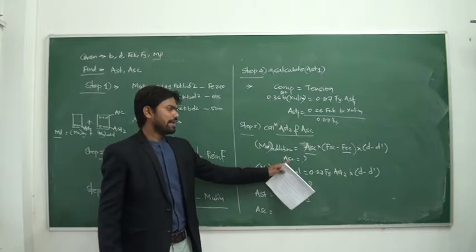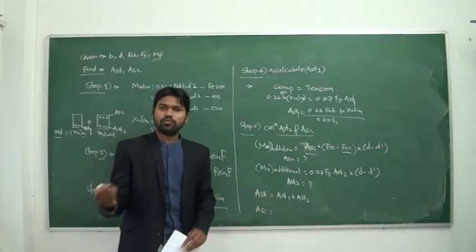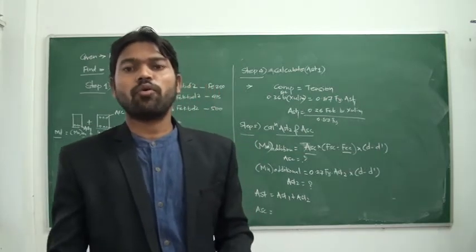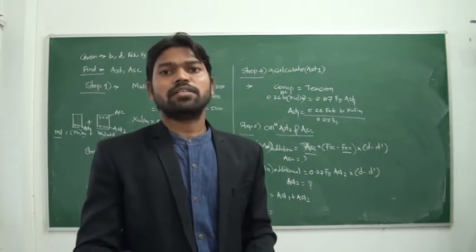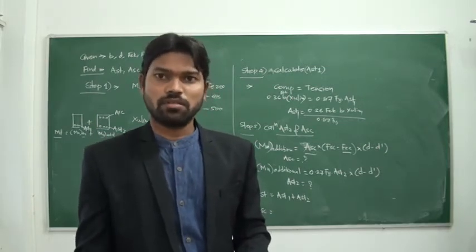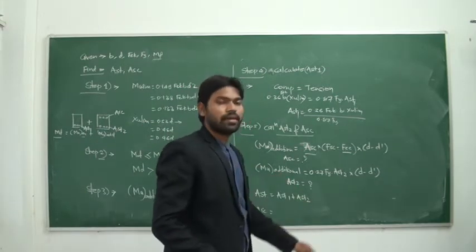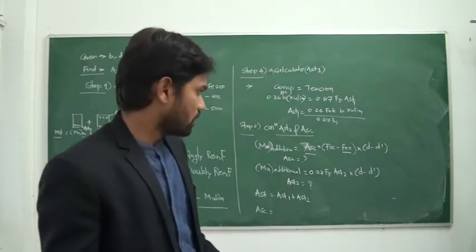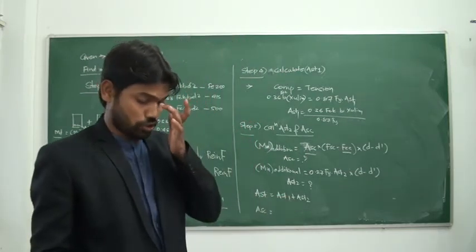Once you calculate the ASC, instead of using this equation, you can use the equation additional tension is equal to additional compression, means 0.87 Fy AST2 is equal to ASC into bracket FSC minus FCC. So that equation can be utilized here to calculate AST2. So this is how, very simply, you can calculate the reinforcement for the double reinforced section.